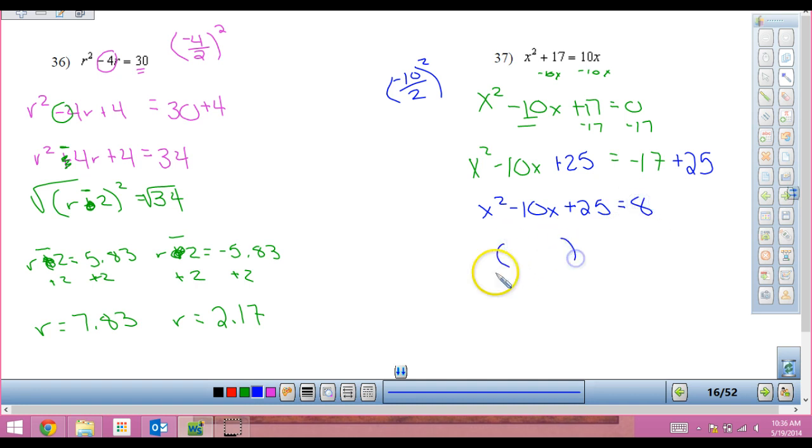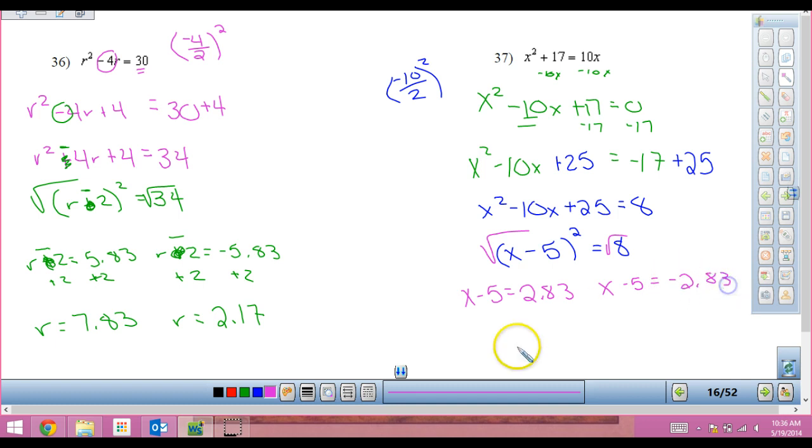So now I can factor x, since this is negative, it's got to be minus 5 squared equals 8. Okay, square root both sides. X minus 5 equals, square root of 8 is going to be 2.83. X minus 5 equals negative 2.83.